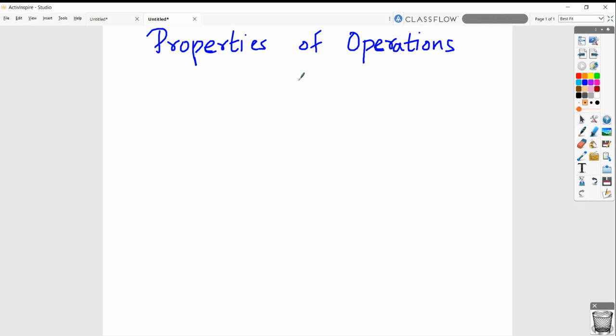If you know their nature, accordingly you will talk to them and you will get benefit out of that, isn't it? Just like that, knowing the properties of operations will help you in your calculations. It can make your calculations quicker, faster. That is the reason we have to learn the properties of operations.